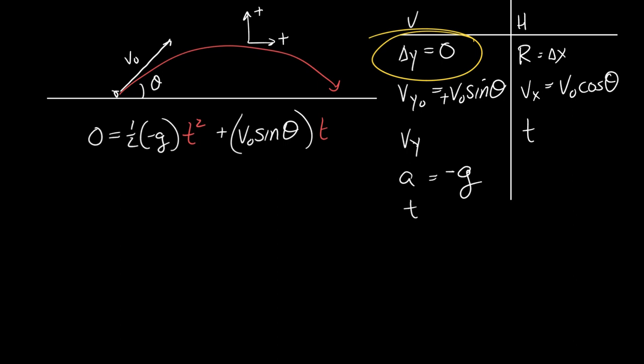I'm going to factor out one of the t's, since I know t equals 0 is one solution, which is going to leave me with 1/2 times negative g t plus v naught sine theta equals 0.